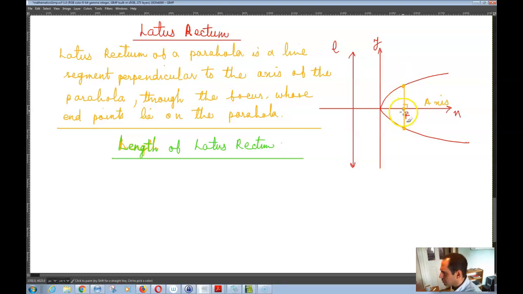You know that this is the midpoint of these 2 points, and you know that this length is a. Okay, so I take this point as A, I take this point as C, and I take this point as B.